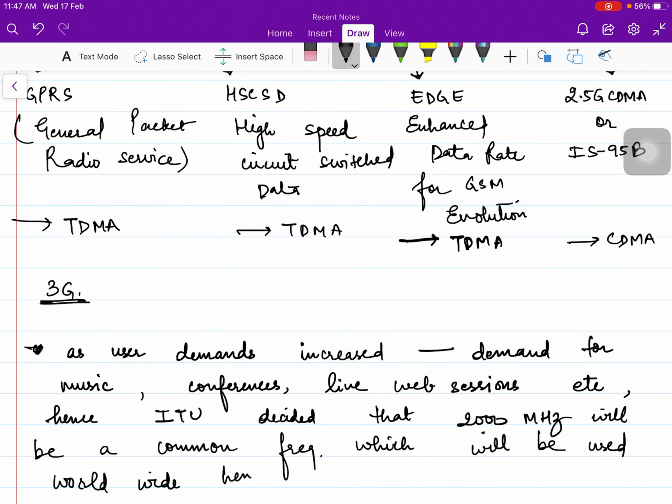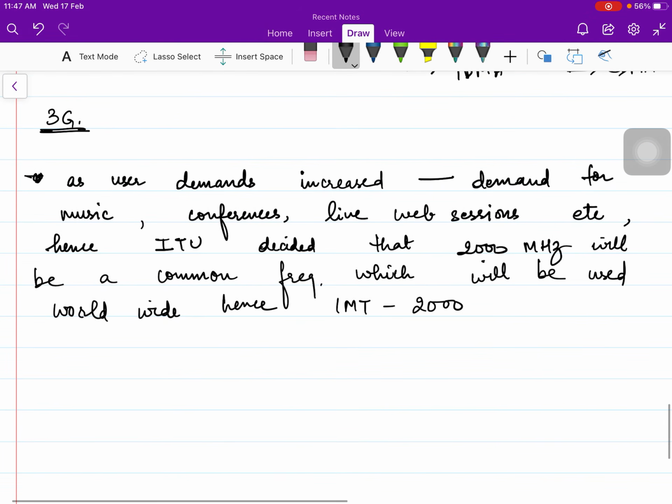And hence the standard which was developed keeping this in mind was IMT 2000, International Mobile Telephone 2000. So this was the standard which was developed.